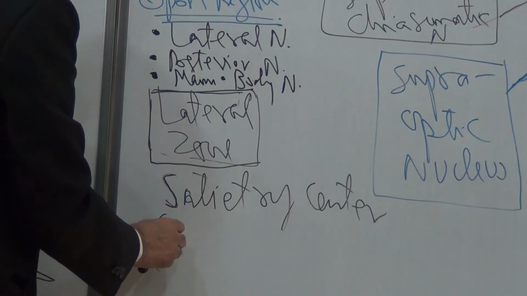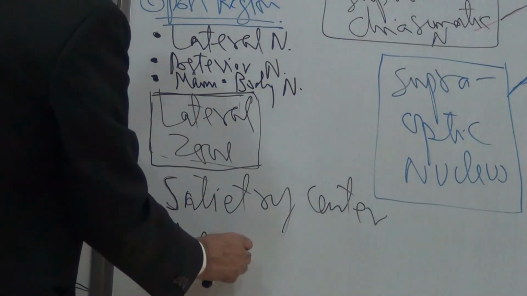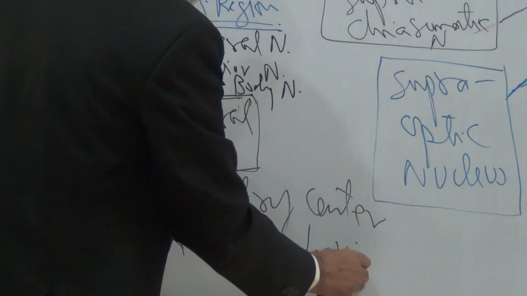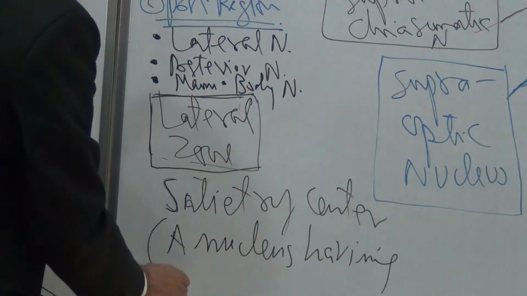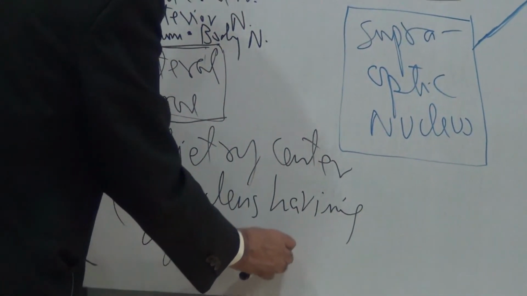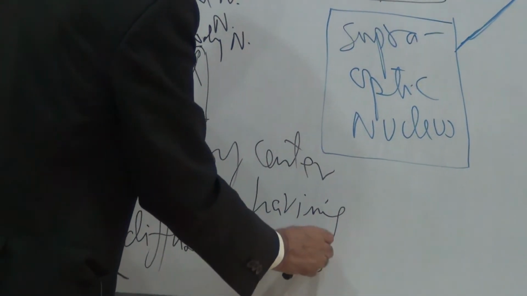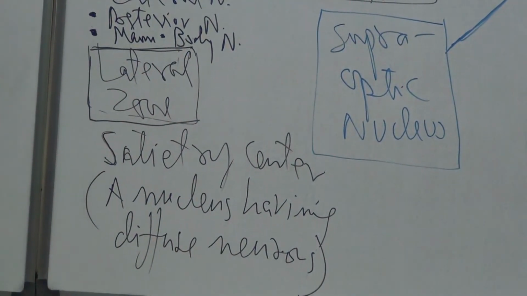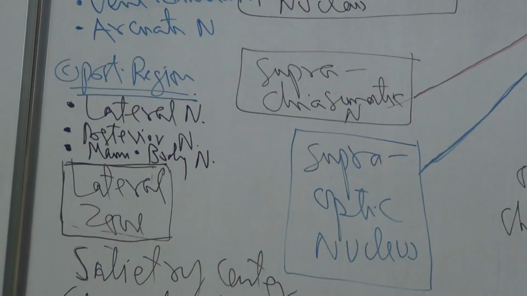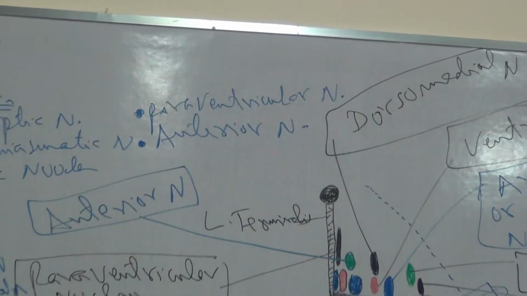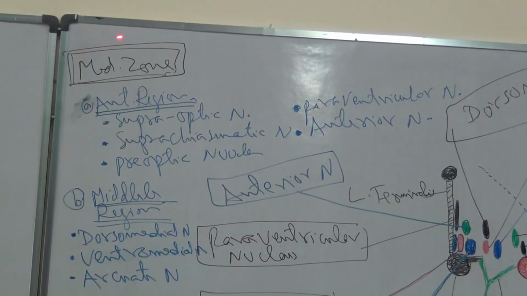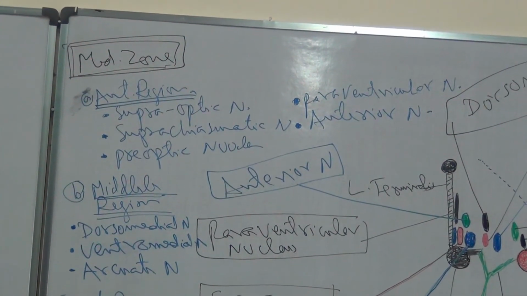Here is a nucleus having diffuse neurons. So this is how we can describe the hypothalamic nuclei in the form of different zones, two major zones, medial zone and lateral zone.